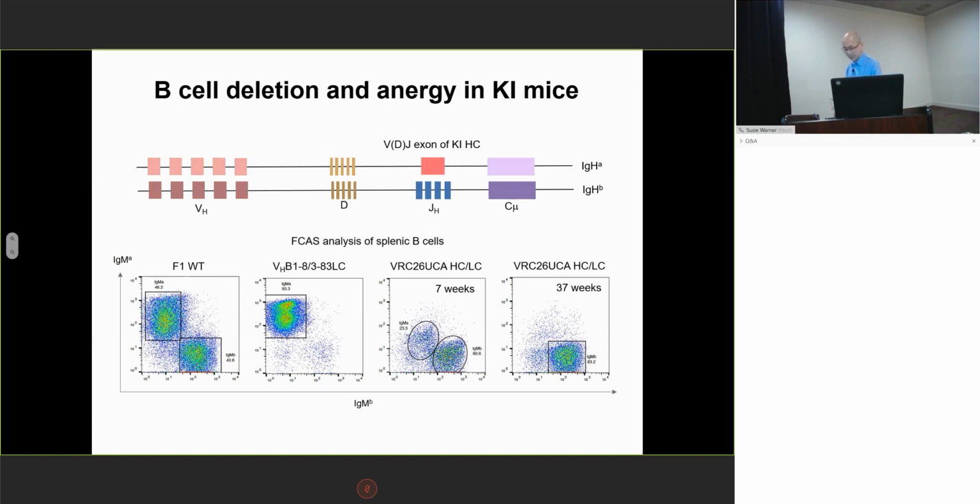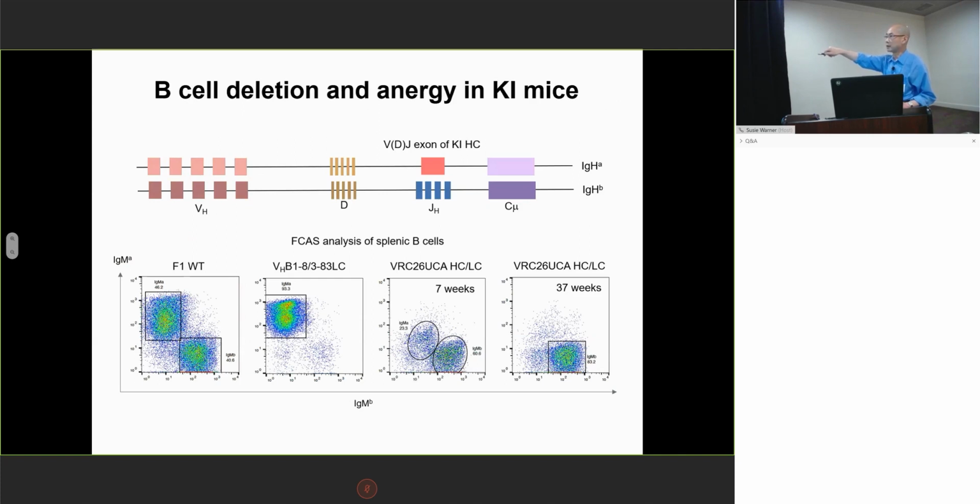So here is an example. When you knock in the variable region exon of a bnAb heavy chain into one of the IgH alleles, let's say if you use an F1 mouse, the two IgH alleles can be distinguished by polymorphism. You knock in the variable region of the bnAb into the A allele, and the B allele is completely mouse.